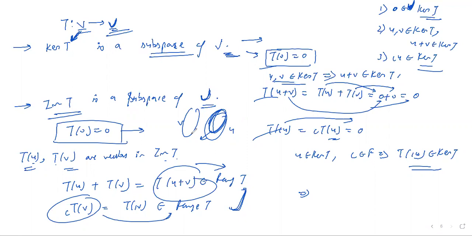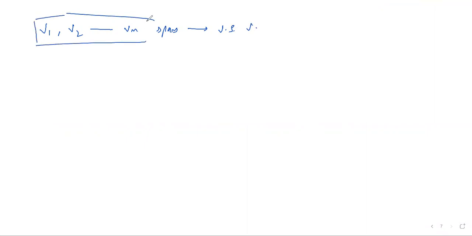Now suppose there is a set of vectors v1, v2 to vn which is spanning a vector space V, and there is a mapping T from V to U which is linear.